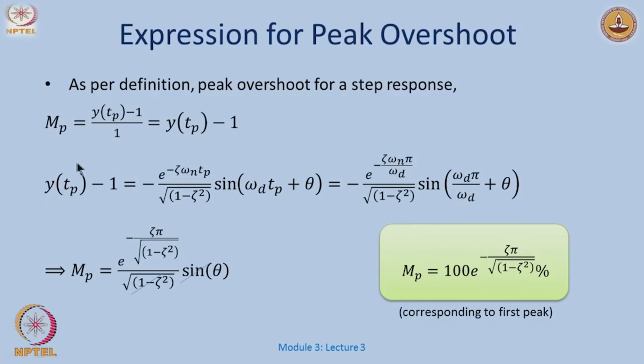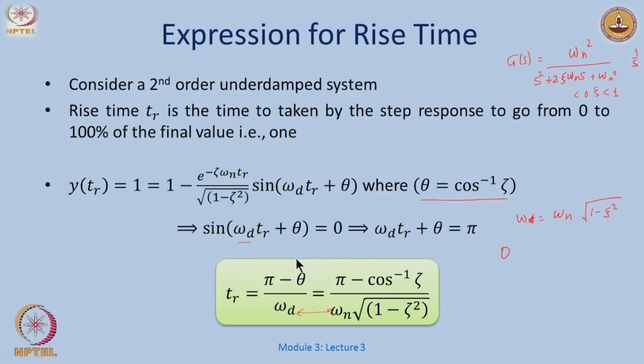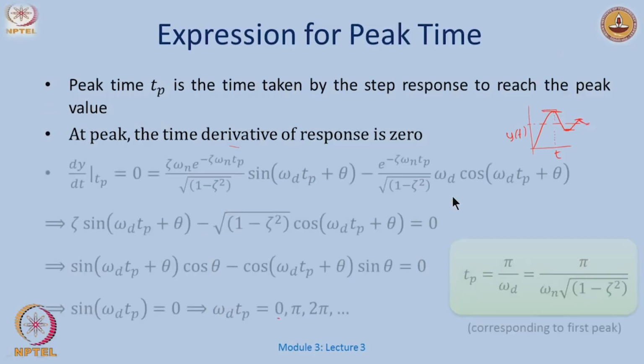So substituting for Tp in the solution of y of t, with all these computations, it would be something like this. Mp is e to the power of this expression, and then this term gets cancelled because cos of theta is defined this way.